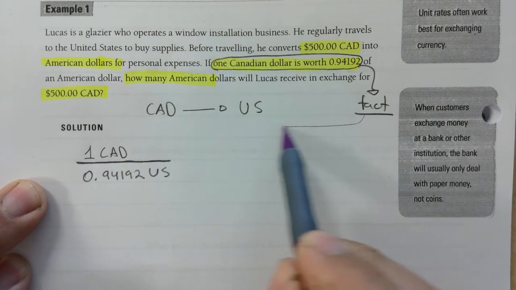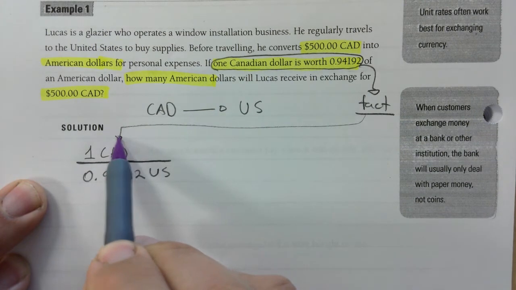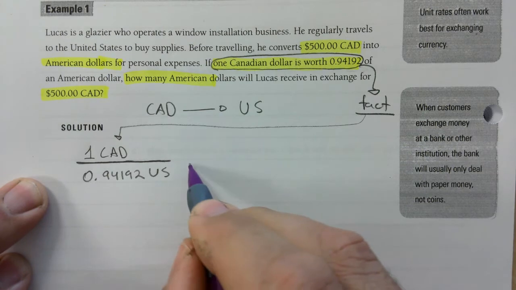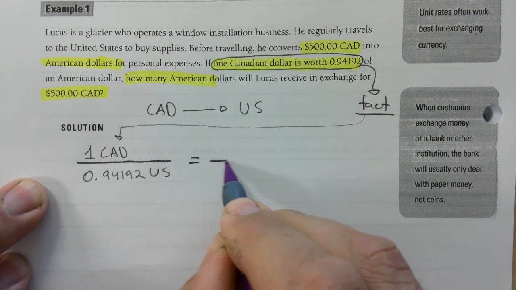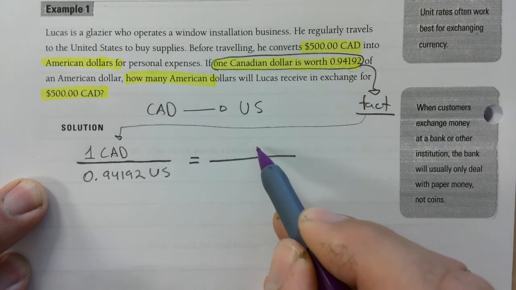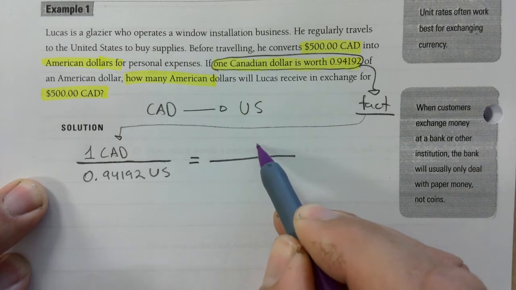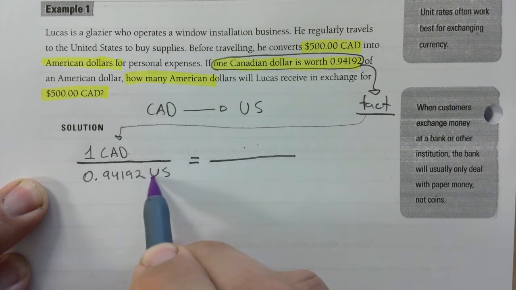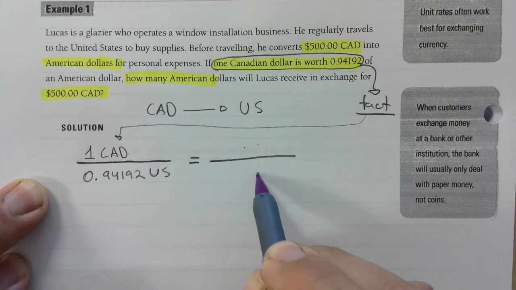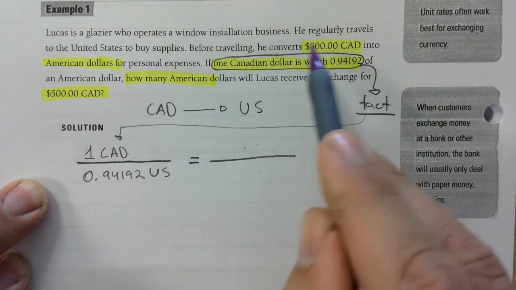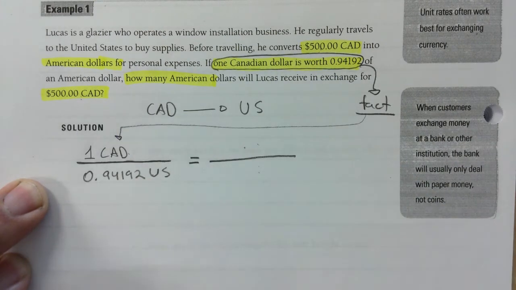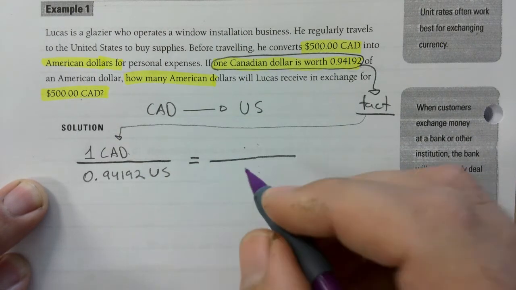So I'm going to bring this over here and state it as a fraction. And then that is equal to, the question will give you one of these. It will either give you Canadian dollars or it will give you US dollars. In this case, it's 500 Canadian, which shows up twice, that we want to convert to US dollars.